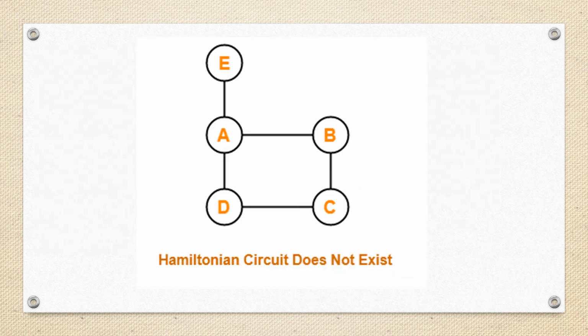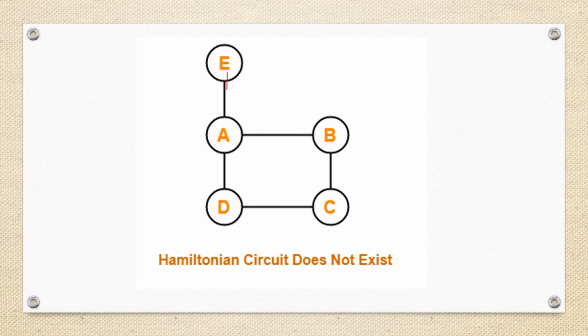Now, this is another graph. Okay, but this one is not a Hamiltonian circuit, or no Hamiltonian circuit exists in this particular graph. Why? So, let's say, for example, we'll start at E. So, we have to use all the vertices.